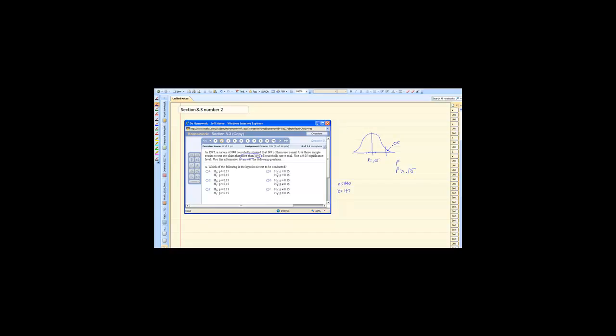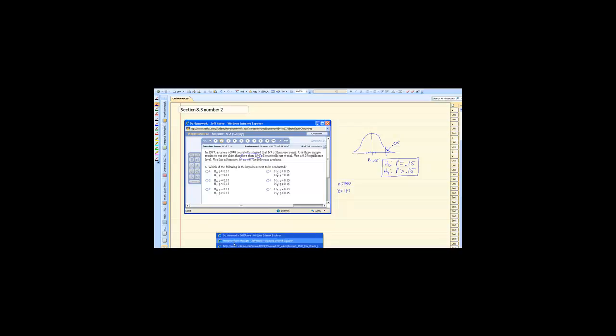So we're hypothesizing that we have this distribution where the population proportion is 15%. That's our null hypothesis. If our sample statistics land us way over here to the right of that, we would reject that the population proportion is equal to 15% and conclude that the population proportion is greater than 15%.